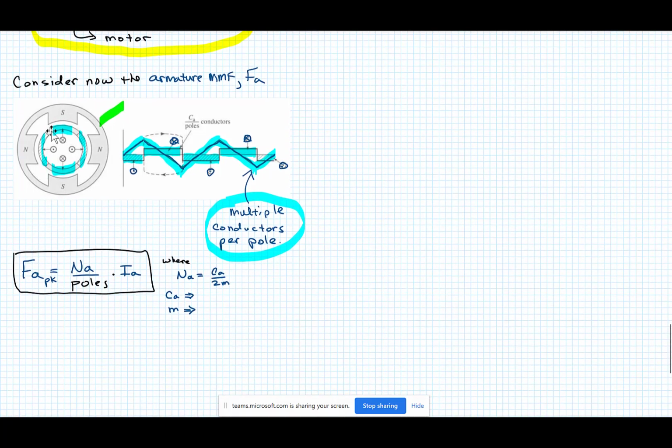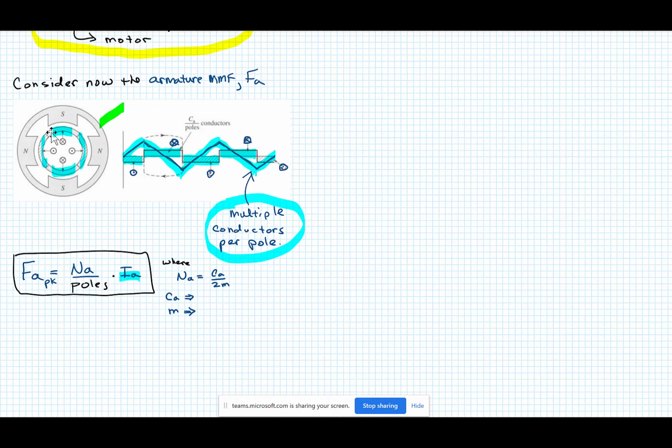So as a result, you've got an armature current flowing through the winding, and you have armature turns, NA, and then it's per pole. So it's MMF per pole, divided by poles.